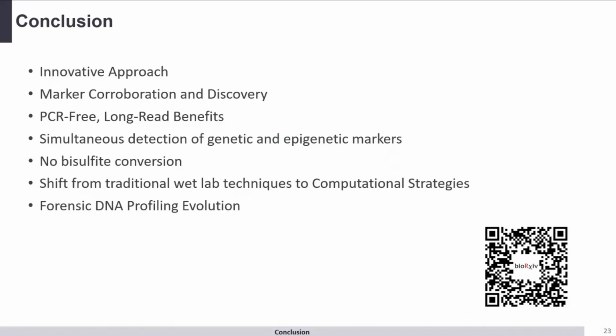This means that we can analyze more targets like STRs, SNPs, and CpG sites all in one go, making each assay more informative. Although we did include other forensic genetic markers in our adaptive sampling panel, the study of SNPs and STRs actually falls outside the scope of this methylation-focused study.